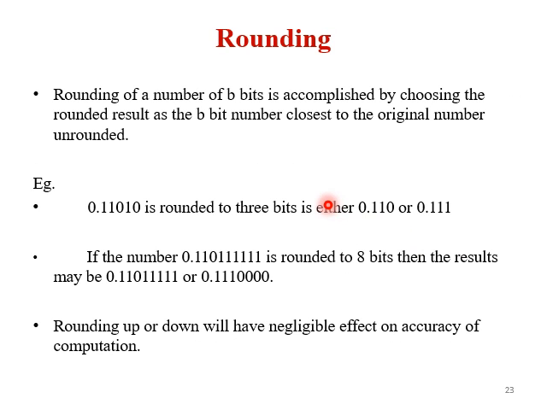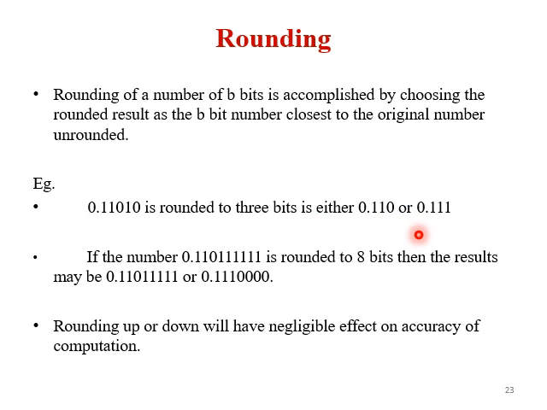Next, rounding. Rounding is the process of reducing the size of a binary number to a finite word size. For example, 0.11010 rounded to 3 bits is either 0.110 or 0.111.